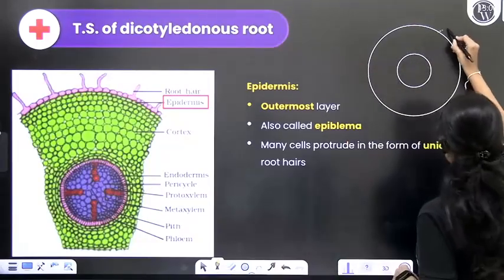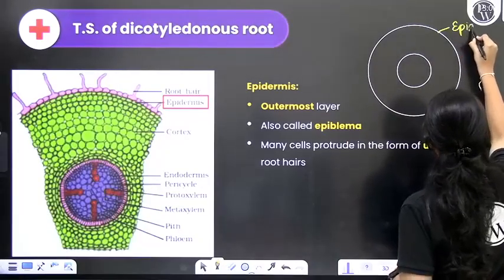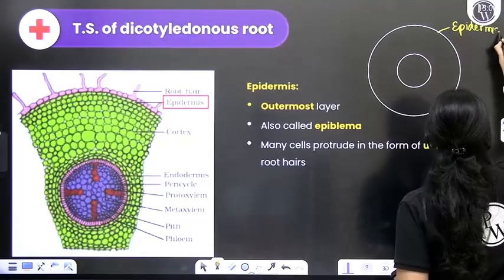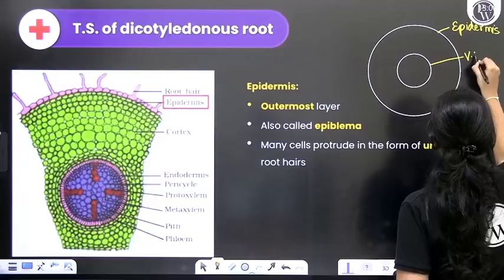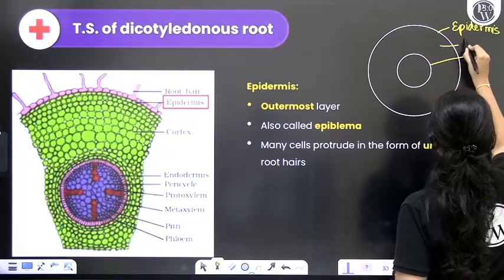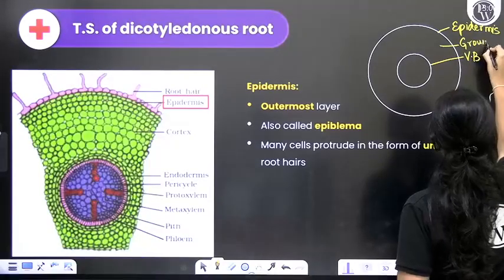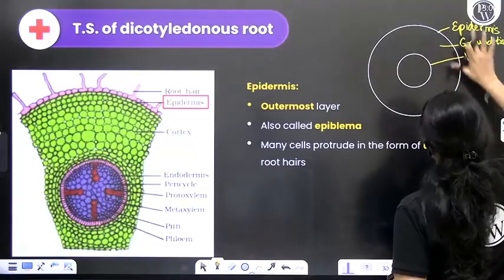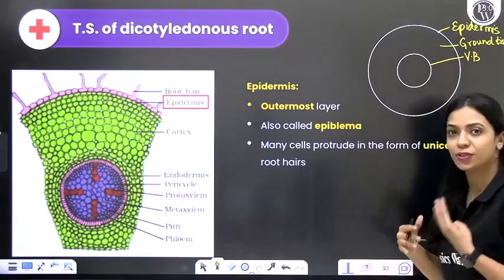So here is the epidermis. Here is where you will find vascular bundles. In between that is your ground tissue. Now, I don't have to draw this entire thing to explain to you how tissues are arranged.